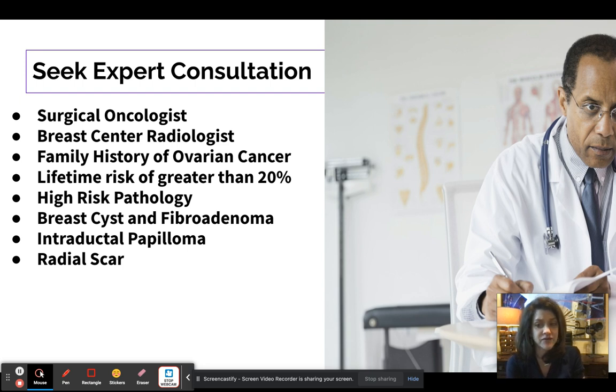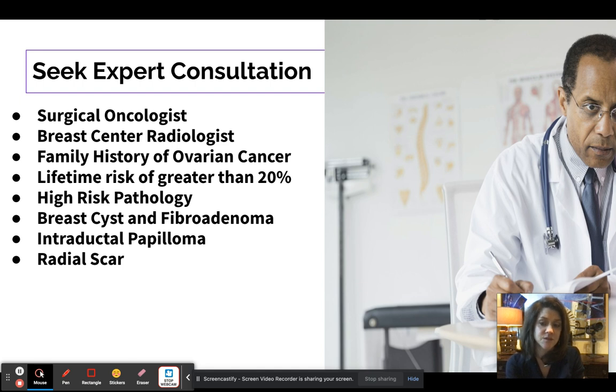Any family history of ovarian cancer should be referred to a gynecologist, or also a gynecologic oncologist if you have access to that. Any high-risk breast pathology, such as atypia with atypical ductal hyperplasia, atypical lobular hyperplasia, and some other soft tissue growths that you may see on biopsy that require a surgeon, would be an intraductal papilloma.